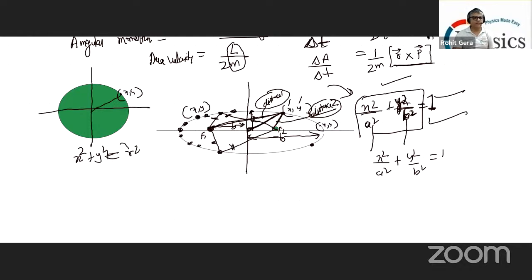Pick up any point on the circle. The x square plus y square will always be equal to radius square. All these points together constitute locus. They represent a collection of points that satisfy an equation, that they have to be at the same distance from the center of the circle.